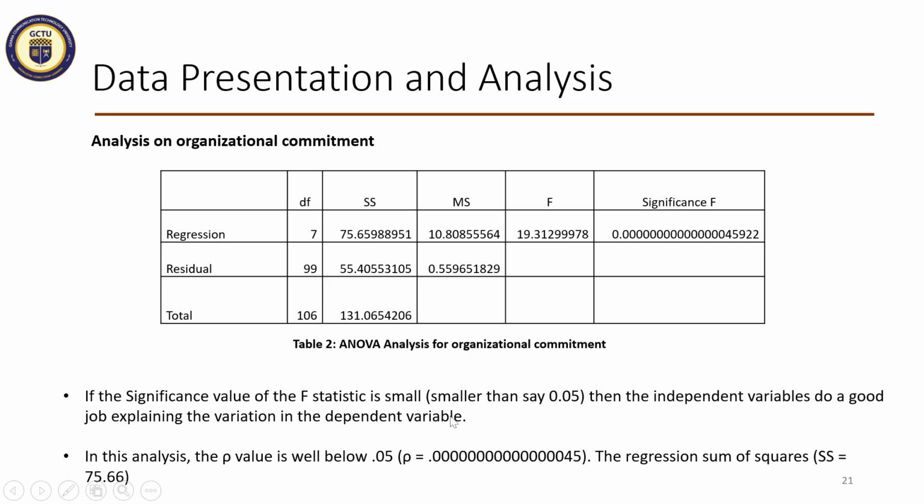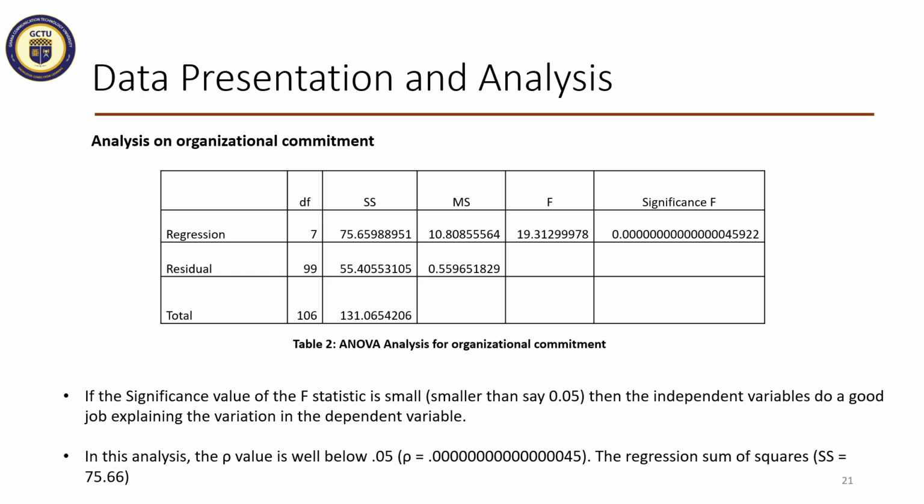So remember, on the conceptual framework, we are trying to link how the effects of the independent variable are influencing the dependent variable. So if it is below 0.05, then it has a very strong influence.